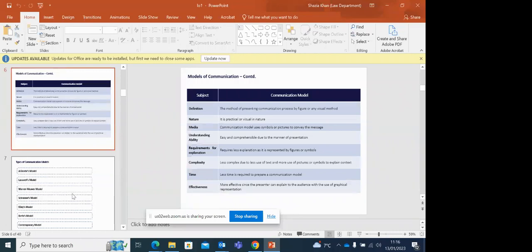Models of communication, again, definition: the method of presenting the communication process by figure or any visual method. The nature of it is practical or visual. In regards to the subject media, communication models use symbols or pictures to convey messages.